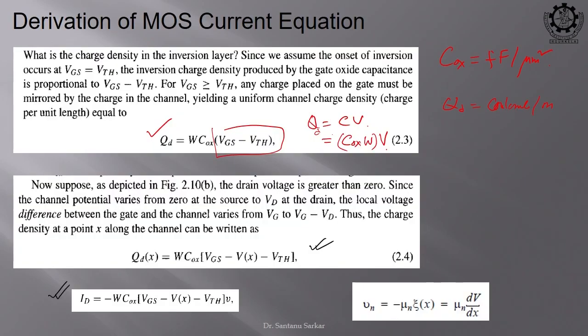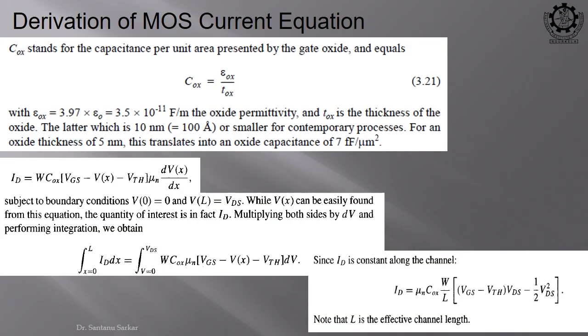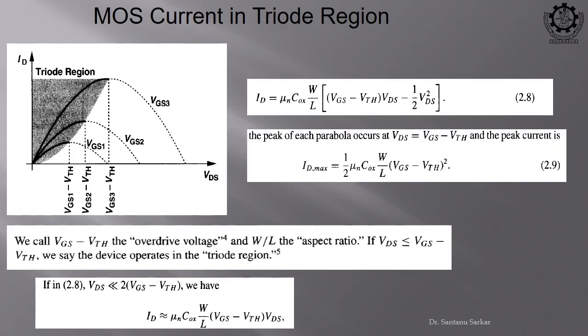Okay. So, what is your I? L will come to this side. So, I is equal to Cox W by L mu n [(VGS minus VTH) VDS minus half VDS square]. So, let us make it ID is equal to mu n Cox W by L. So, this is your equation 1, the total current expression, right. From this current expression you will get all the current, and that is how you derive it.